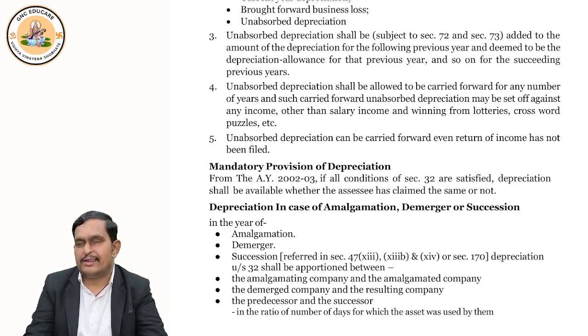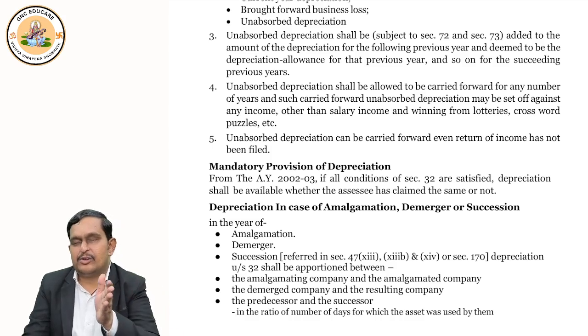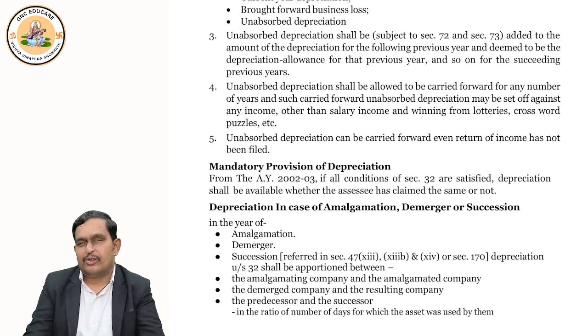Now you have depreciation for the whole year, correct? Divide this depreciation based on the number of days the assessee held. Let's assume partnership converted to company. Suppose, for example, partnership is converted to company on 1st July 2024.